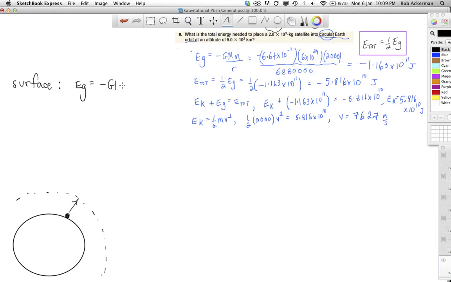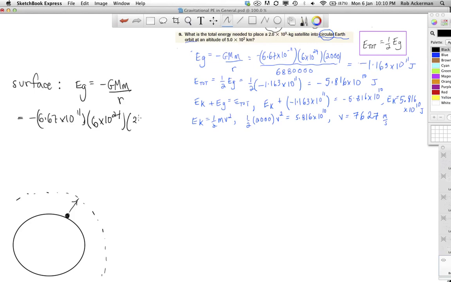It's GMm over whatever distance you are from the surface. This is going to be, and you can calculate this yourself, negative 6.67 by 10 to the negative 11. Multiply that by the mass of Earth, 6 times 10 to the 24.